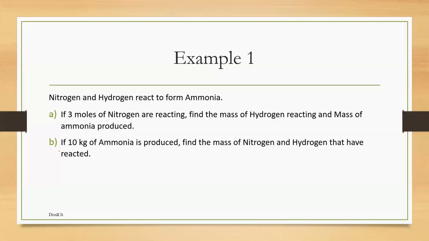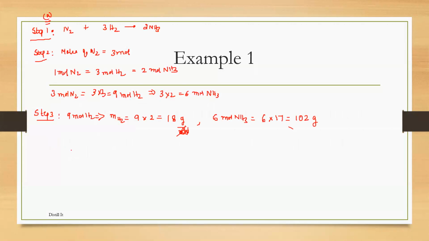Hope you are able to solve this problem. If you've not been able to solve this problem, then let's do part B. But before I go on to part B, let's verify the law of conservation of mass for part A. For part A, we have 3 moles of nitrogen reacting, which implies 3 into 28, that is 84 grams of nitrogen reacting.